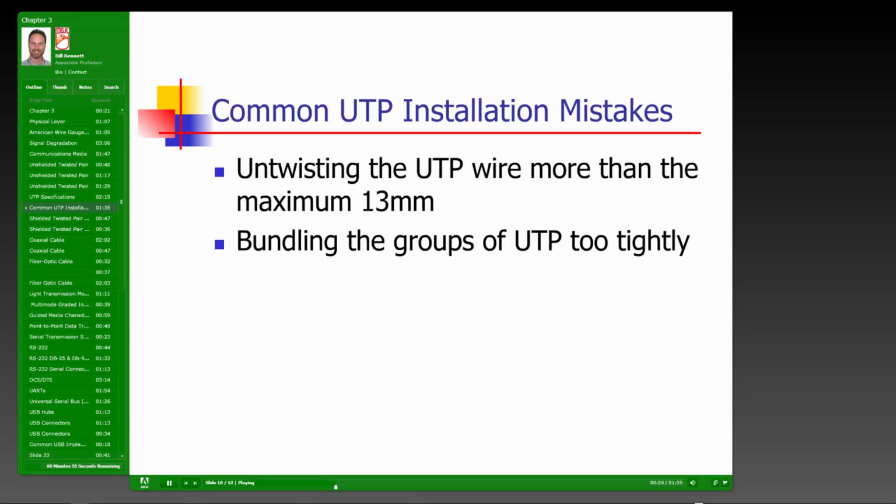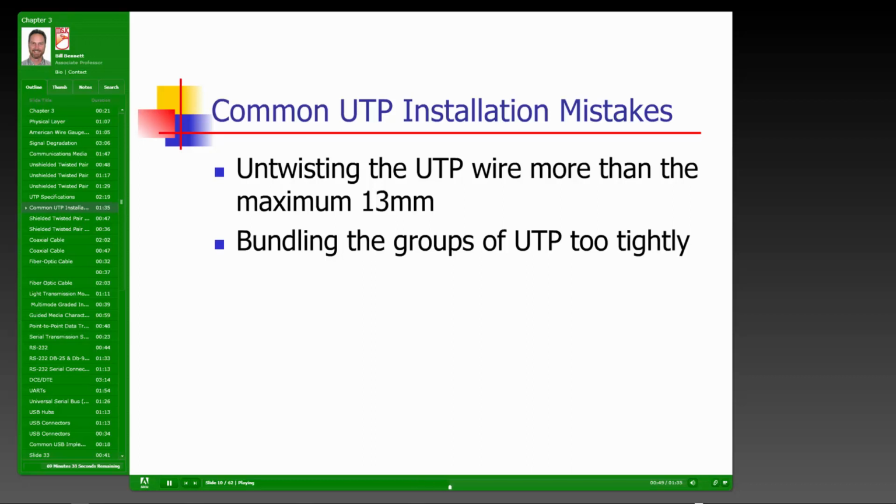So you don't want to untwist the wire too much, because remember, the twisting is what helps to prevent interference in that near-end crosstalk. So you only want to untwist the wires just enough so that you can fit them inside of the RJ45 jack that you're going to slip on. And of course we'll demonstrate that to you when we get together to do the actual Skills 1 assignment.